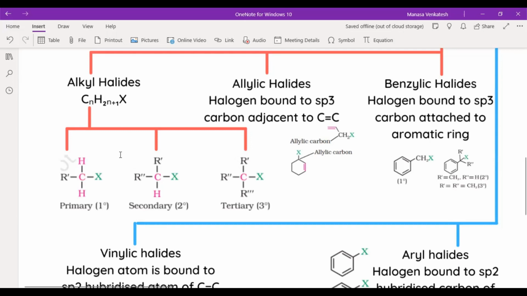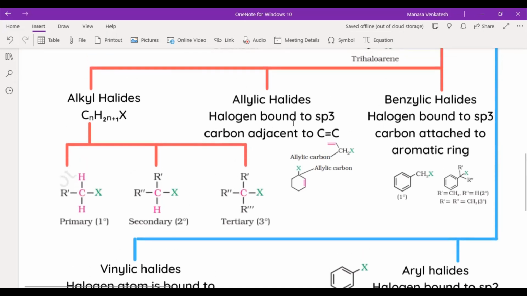The alkyl halide is further classified as primary, secondary, and tertiary based on the carbon atom the halogen atom is bound to. In case of primary, this carbon is bound to only one other alkyl group. Secondary has two, and tertiary has three alkyl groups. Remember these structures because they're very important when we study the chemical reactivity.